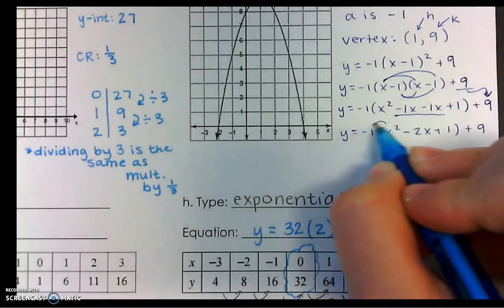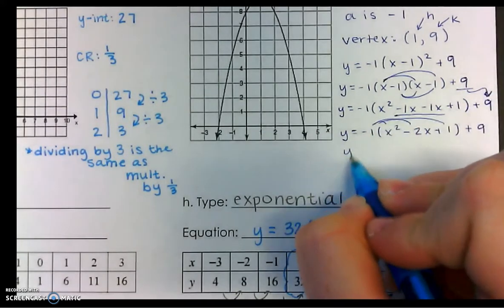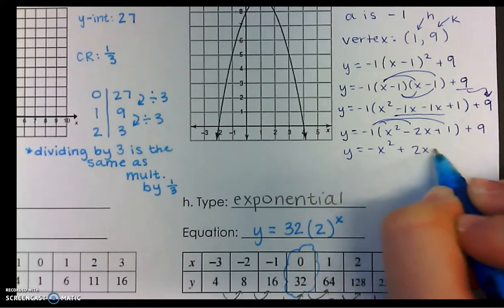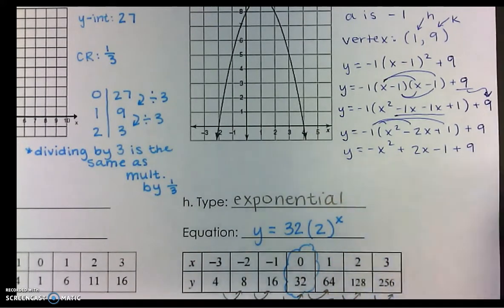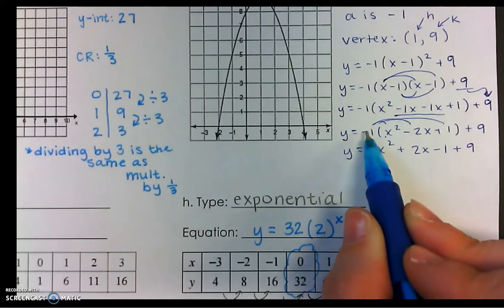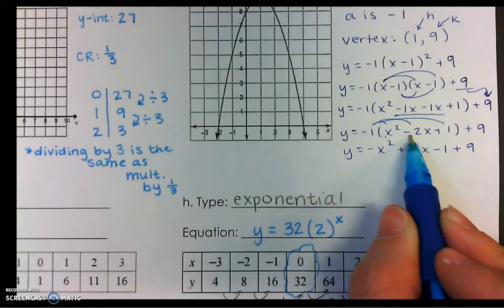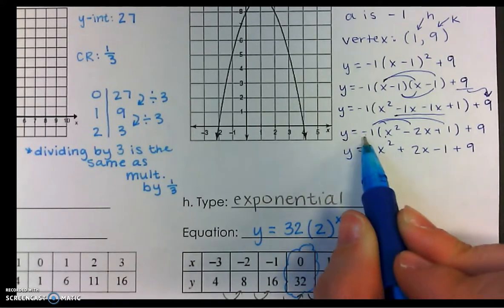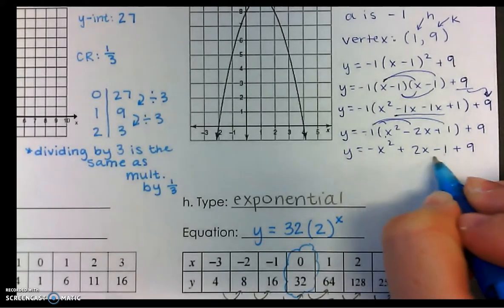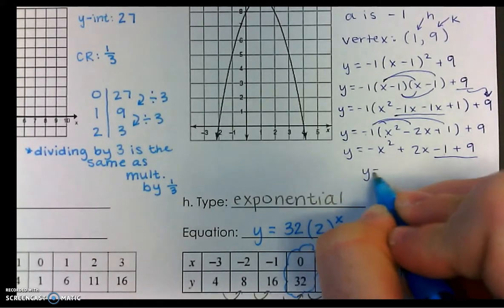Then I'm going to distribute my negative 1. That'll be negative x squared plus 2x minus 1 plus 9. Negative 1 times x squared is negative x squared. Negative 1 times negative 2x is positive 2x. Negative 1 times positive 1 is negative 1. And last but not least, combine my like terms again.